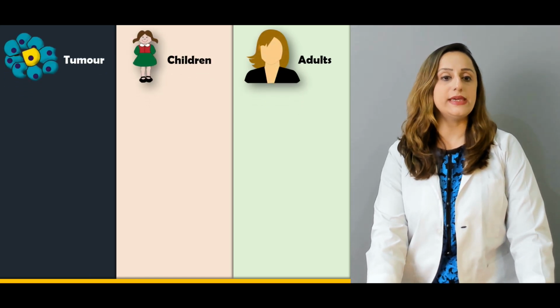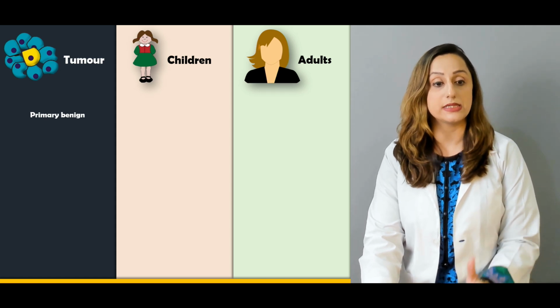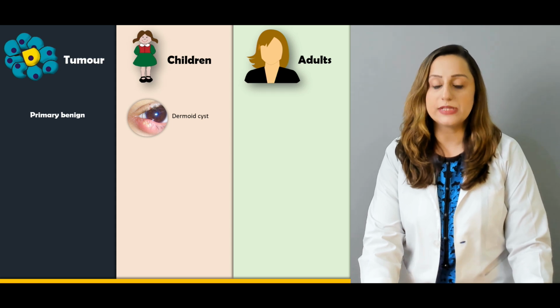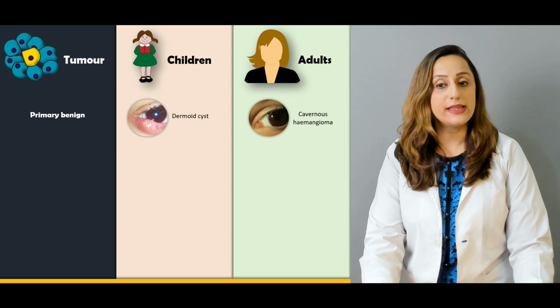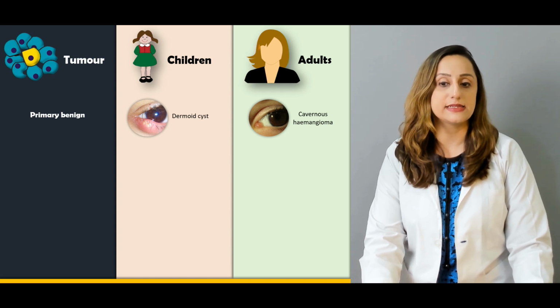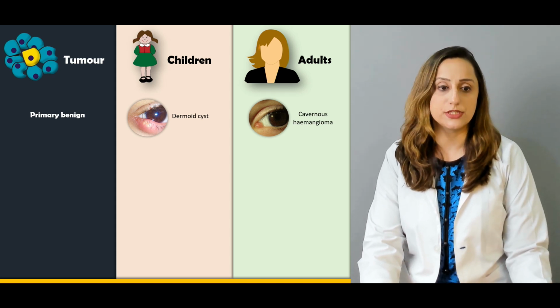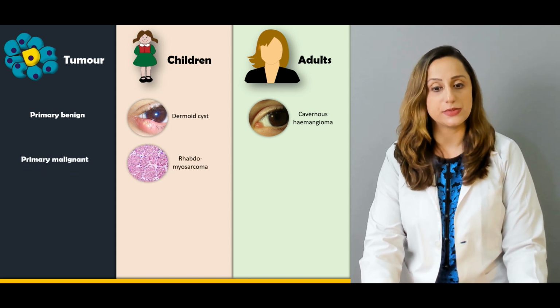When we compare these tumorous conditions in children and in adults, we see that the primary benign tumors usually present as a dermoid cyst in children, while in adults they usually present as cavernous haemangiomas. These are the most common presentations of the orbital tumors. Then we have the primary malignant tumors.